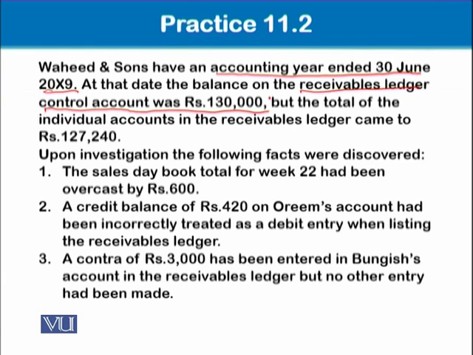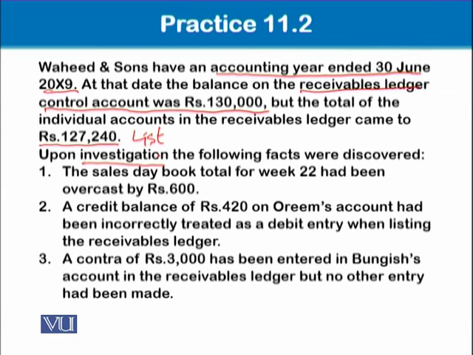But the total of the individual accounts in the receivable ledger came to 127,240. This is the balance of the list. These two are not equal, 130,000 as per the control account and 127,240 as per the list. What to do? We have to investigate the difference.